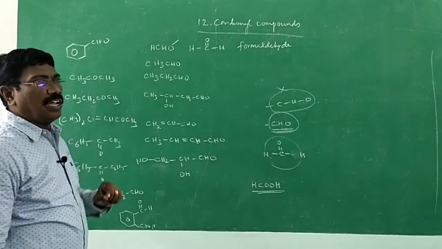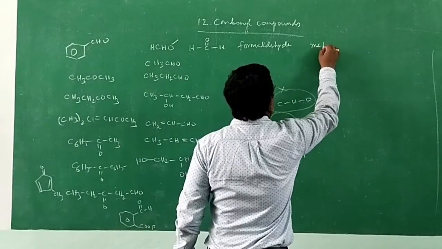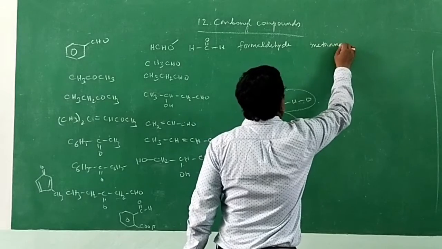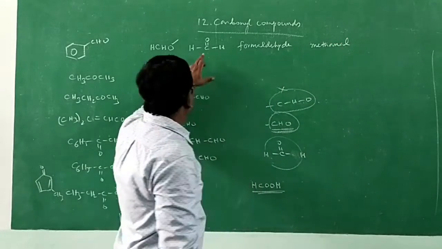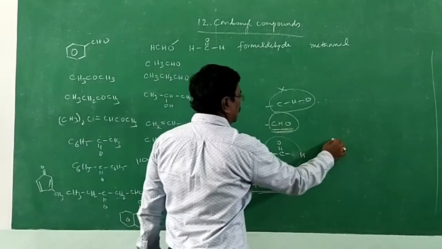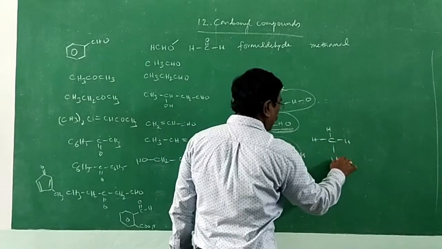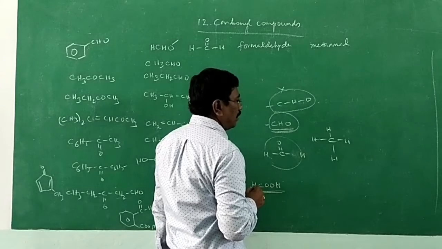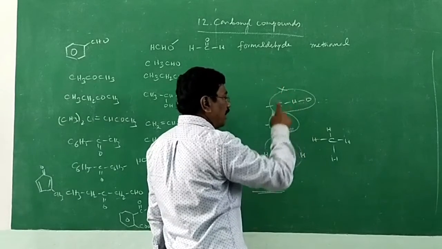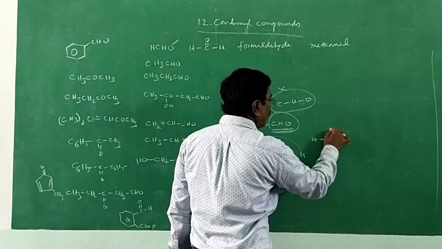And the IUPAC name is methanal. One carbon atom, methane. If we have only one carbon atom with 4 hydrogen atoms, we call it methane. Here, with one carbon atom, we have an aldehyde. Instead of 2 hydrogens, we have the aldehyde.